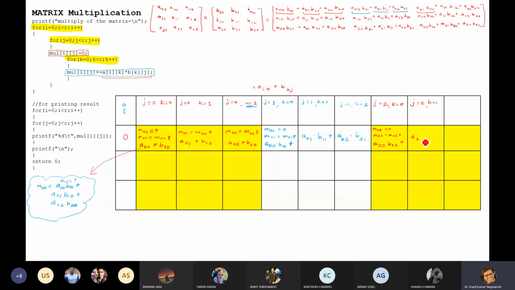K is 1, J is 2. Whatever I am using dot here, this is actually multiplication. Let me write multiplication so that it is very easy.